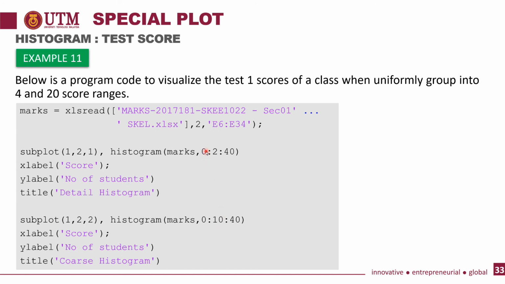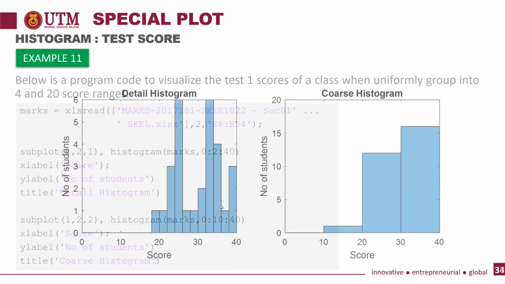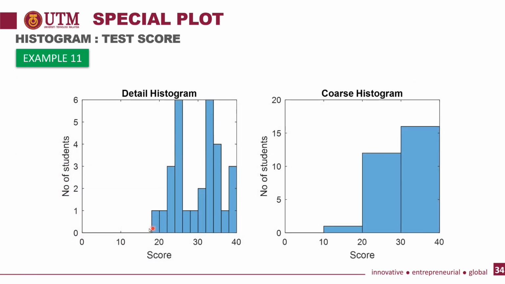It means the histogram will start from 0 and end at 40, but the bar width is 2. You see here, this histogram starts from 0 until 40, but the width of the bar is 10. So this is the output, the histogram that has been created.